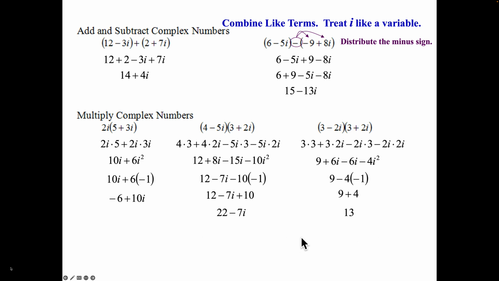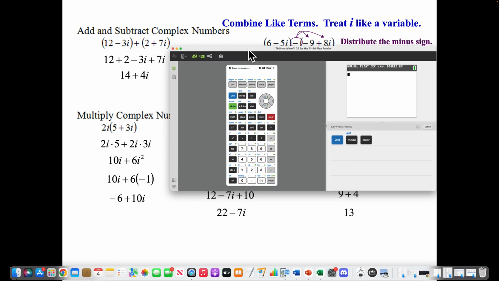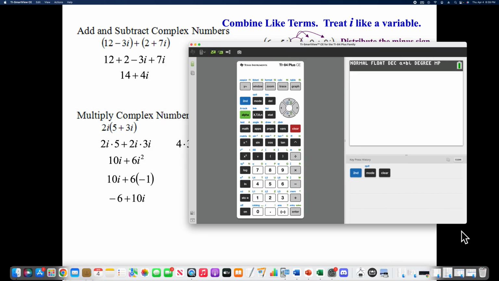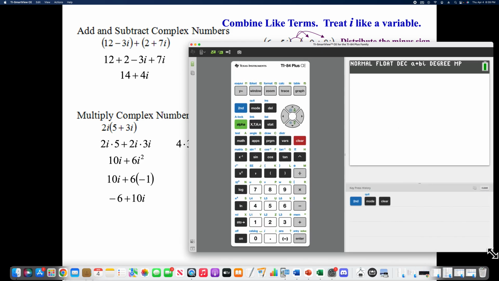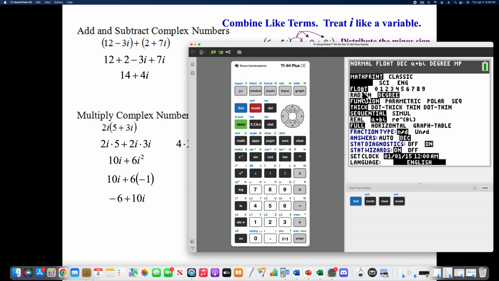Okay, so now what I want to show you is you can take your calculator and you can grade all this stuff. Now, your calculator has to be put in the a plus bi mode. So you have to hit the mode button, and you will see right down here, real will be highlighted. You want to move your cursor to a plus bi and hit enter, so that becomes highlighted.